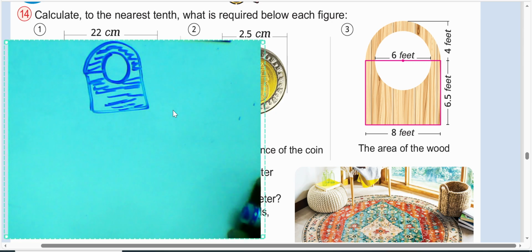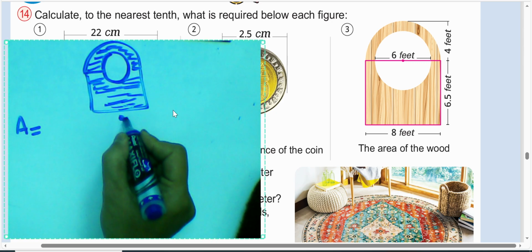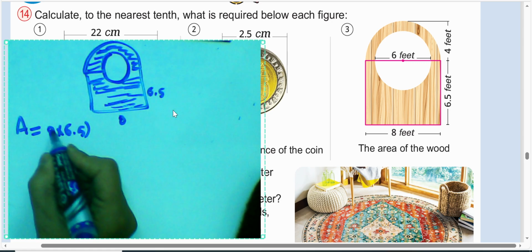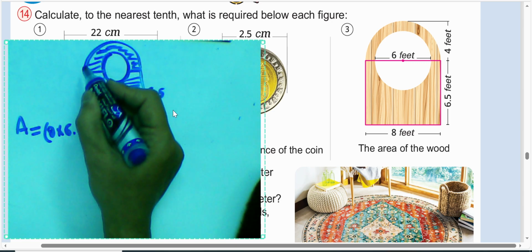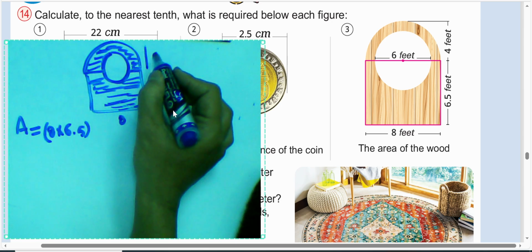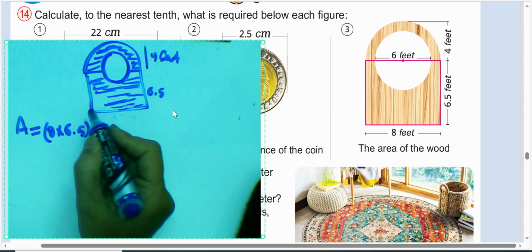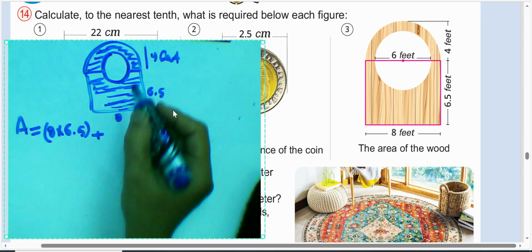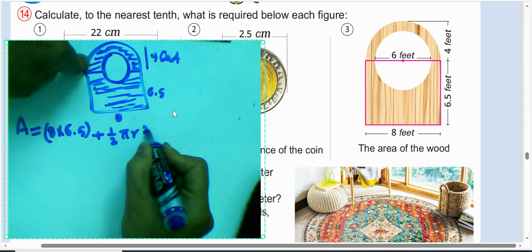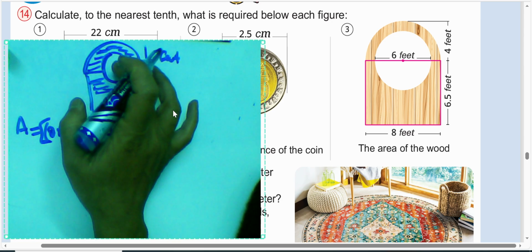Look at here, area 1, the area of the rectangle equals the product of two dimensions, 8 times 6.5, plus the area of the half circle, half pi r power 2, and then subtract the area of the small circle.